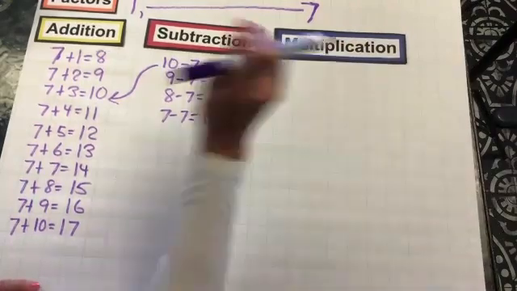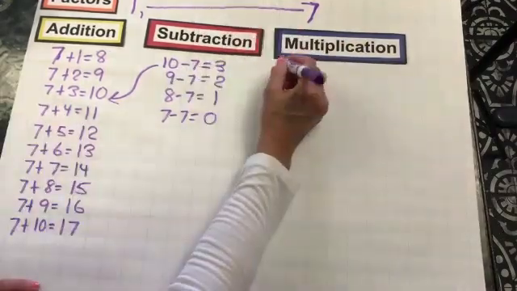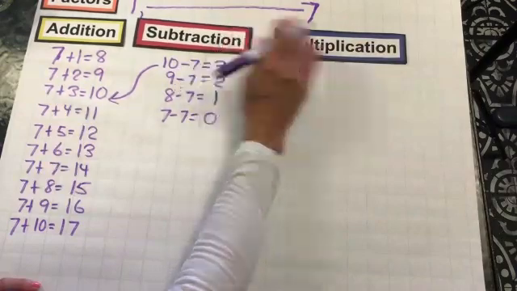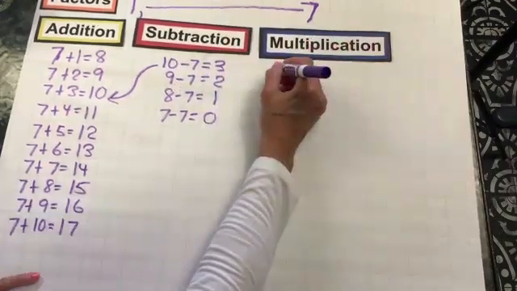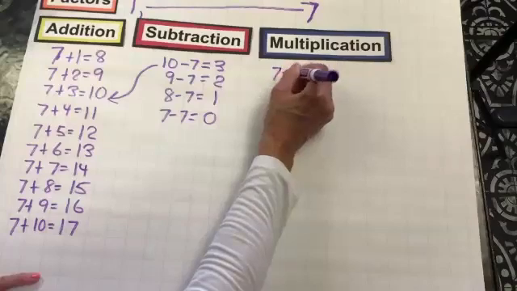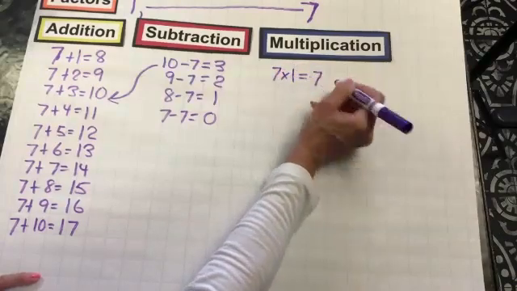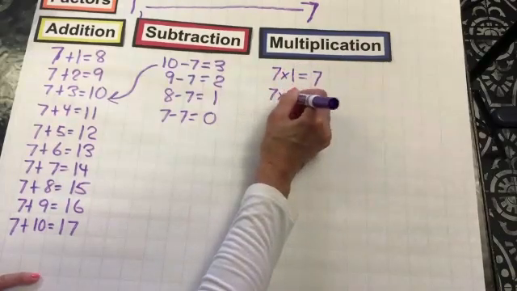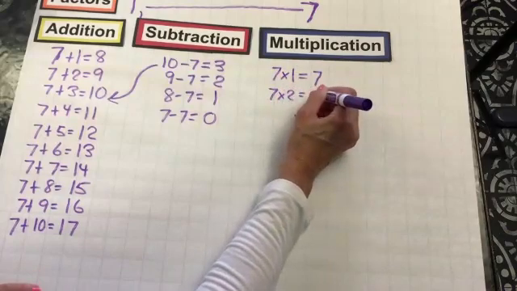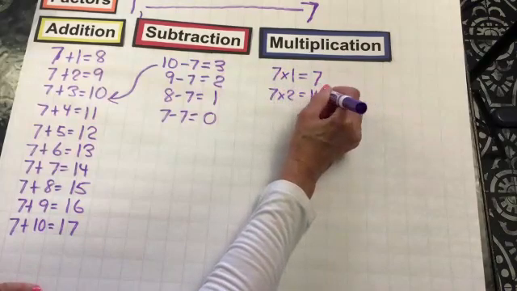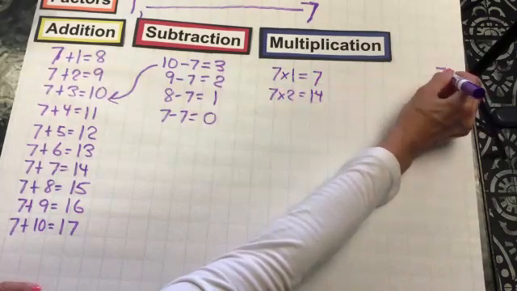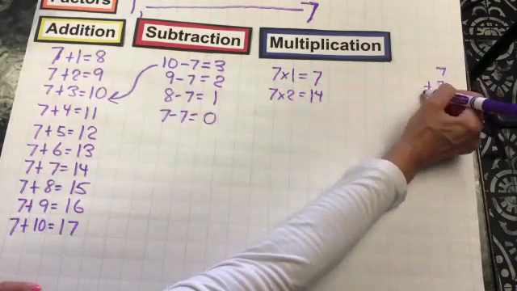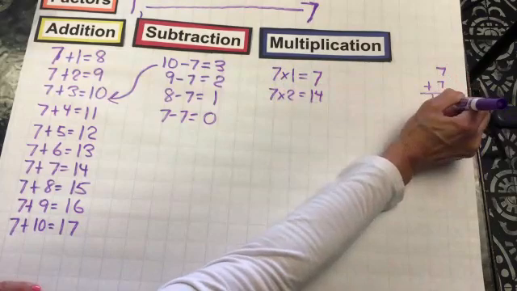All right, so our next one is multiplying. I'm going to move this over a tad. So we're going to do 7 times 1 equals 7. 7 times 2 equals 14. And if we're not sure, let's come over here and just add 7 plus 7, and we get our 14.